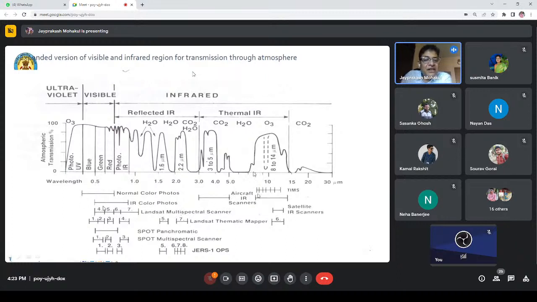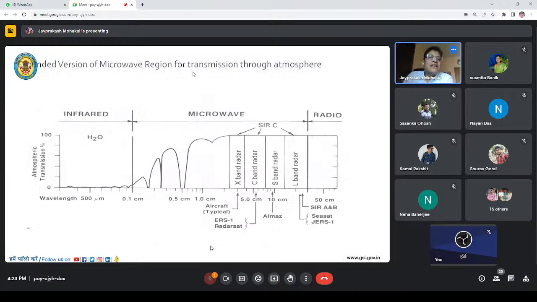You can have infrared color photograph in green to infrared range, Landsat multispectral scanners. Then you have the Landsat thematic mapper, SPOT. There are many, and then the expanded version like infrared and microwave and radio.